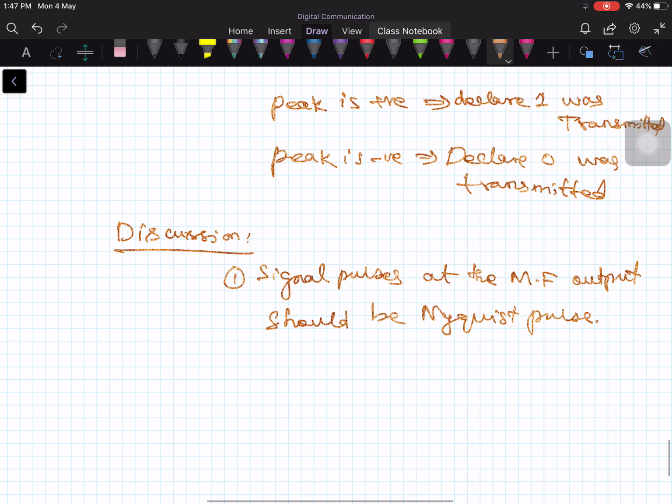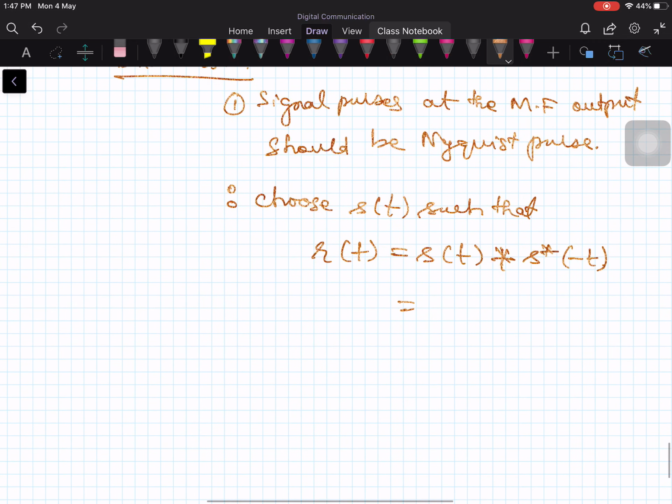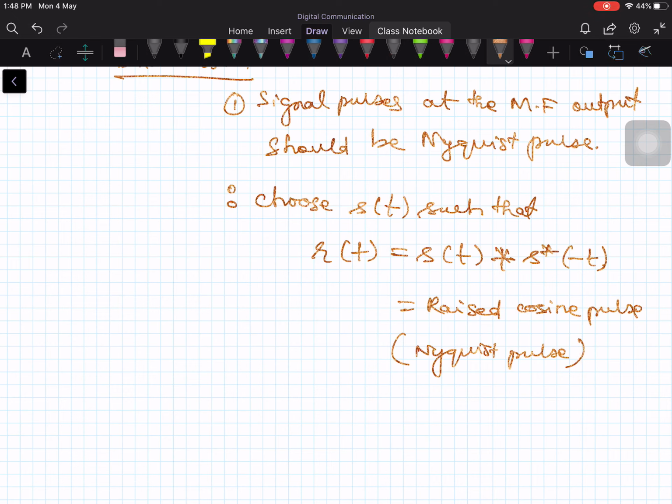Therefore, choose s of t such that the output of your matched filter, which is the input pulse s of t convolved with the matched filter impulse response, is a raised cosine pulse. A raised cosine pulse is an example of a Nyquist pulse. It can be anything, but broadly I can say a Nyquist pulse.